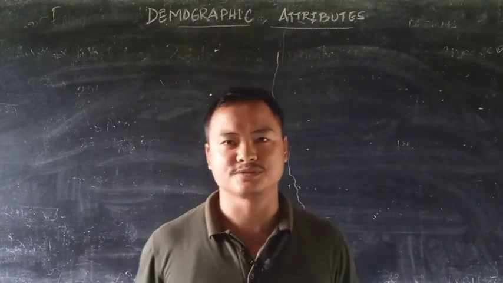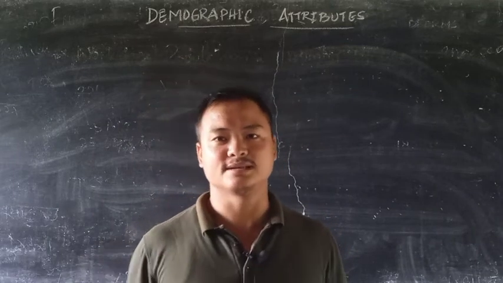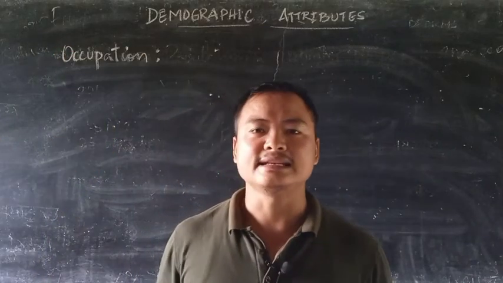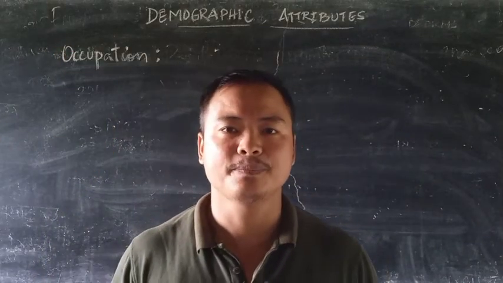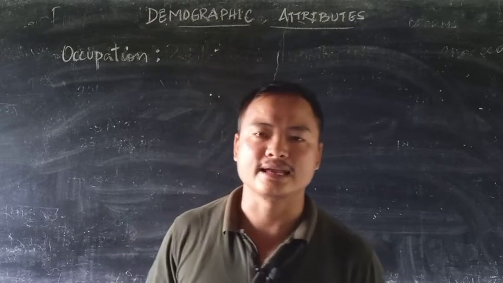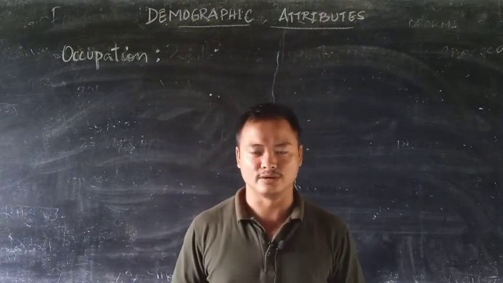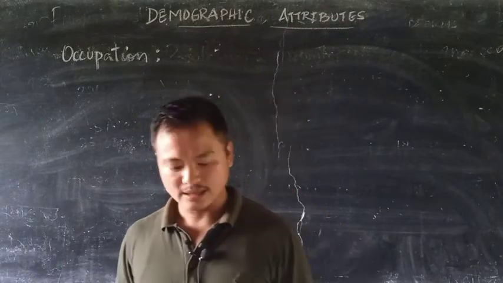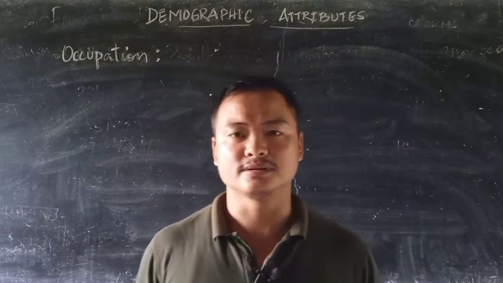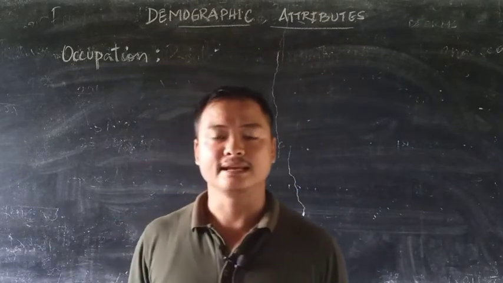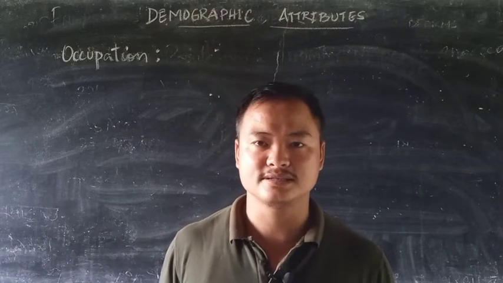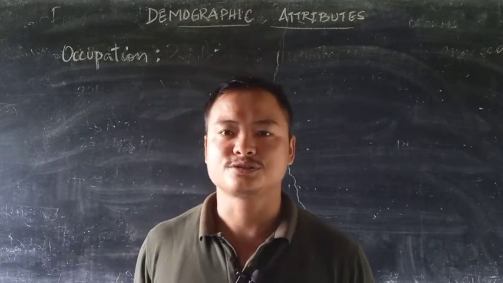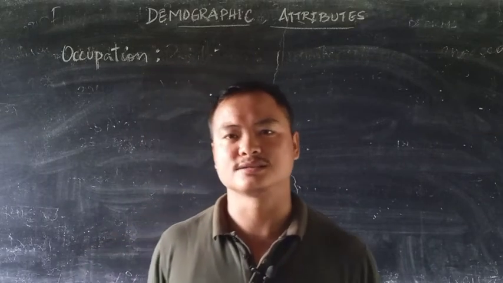Occupation is another attribute of demographic attributes, or you can say population characteristics. As per the 1971 census, the occupation in India has been divided into many sectors, wherein we find cultivators, agricultural laborers, livestock farming, mining and quarrying, manufacturing industries, construction, trade and commerce, transport and communications, and also other services that are involved.